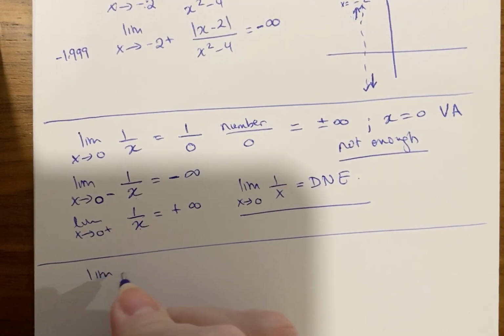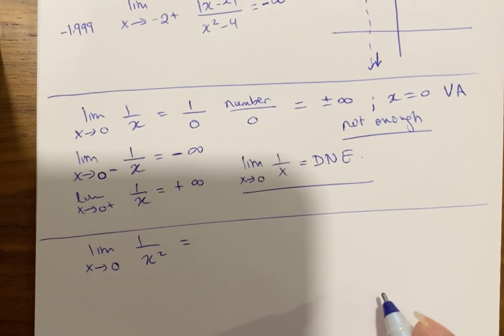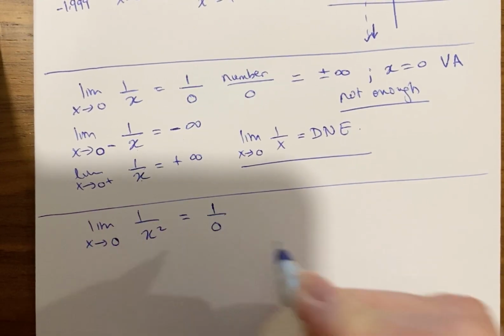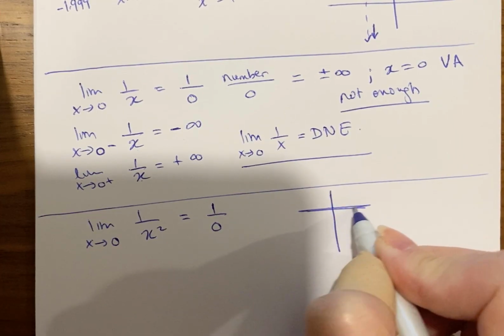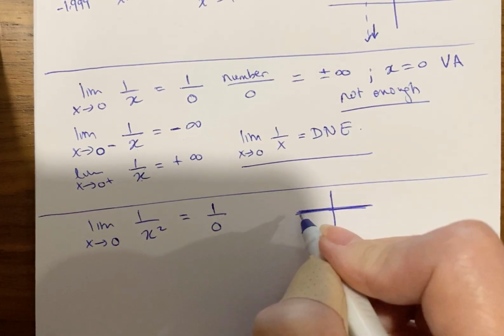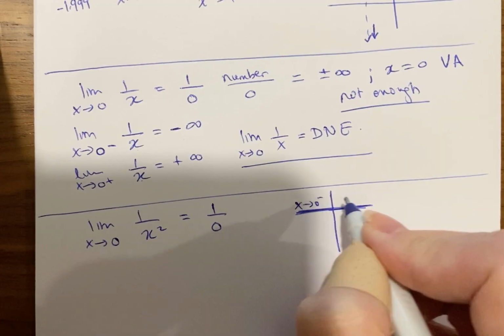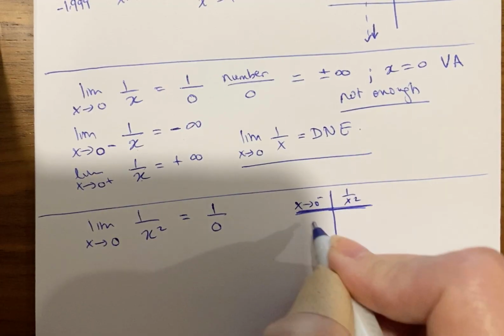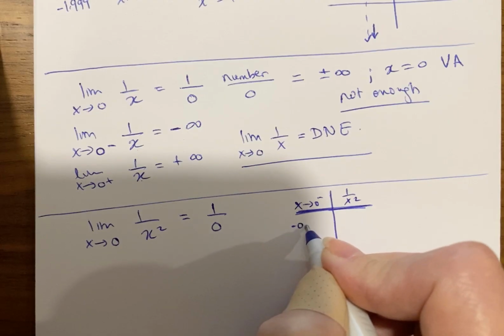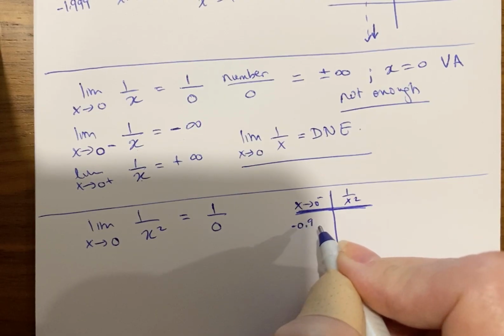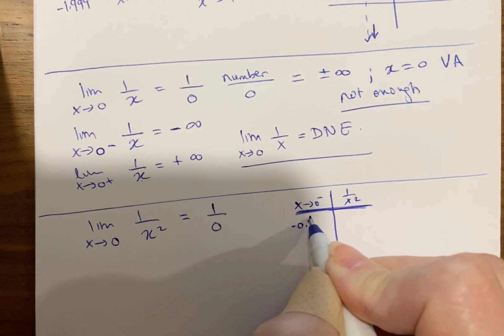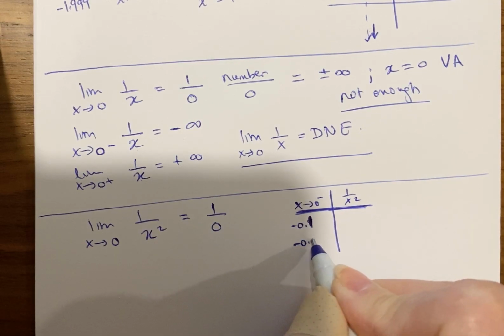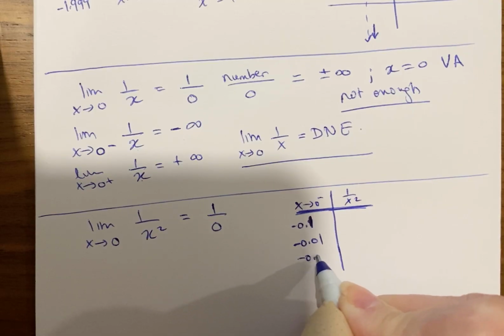So this is the idea. Likewise, the limit of 1 over x squared as x approaches 0 will be what? A number over 0, 1 over 0. Again, if I want to do tables of values, as x approaches 0 from the left, what will happen? If I'm at minus 0.1, very close to 0, then minus 0.01.